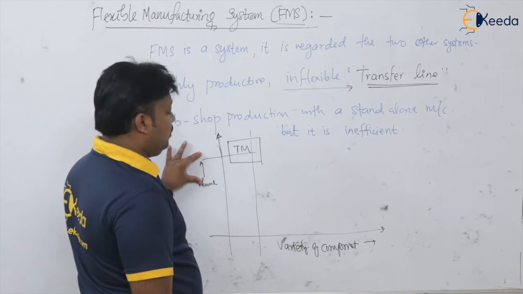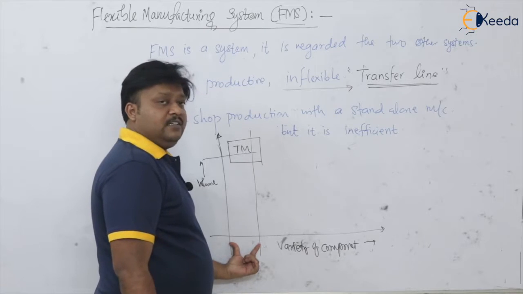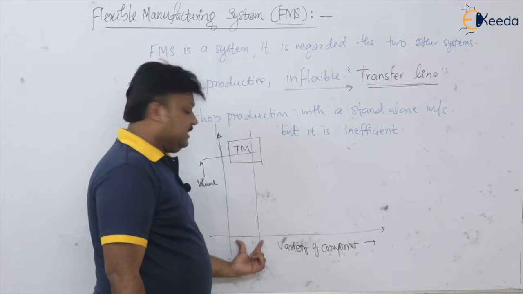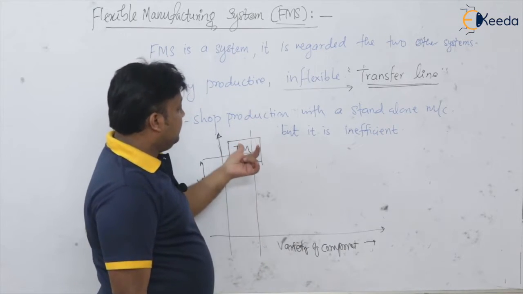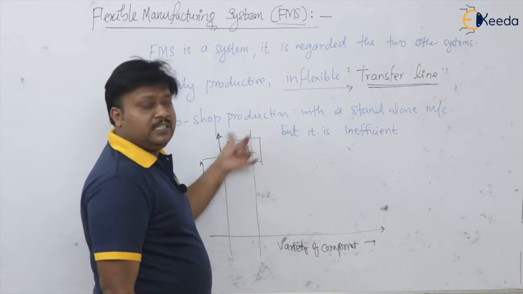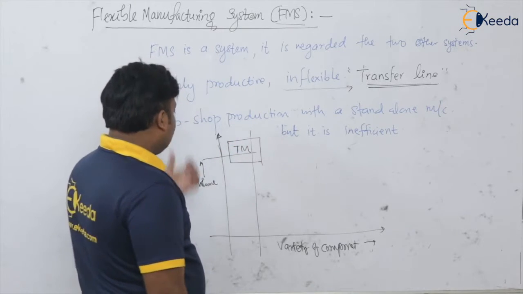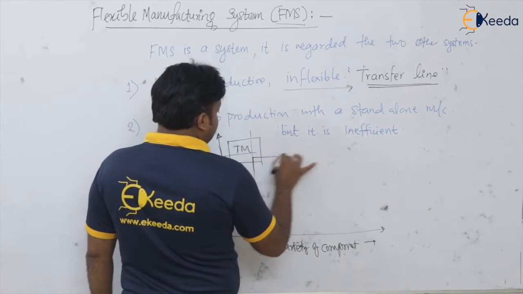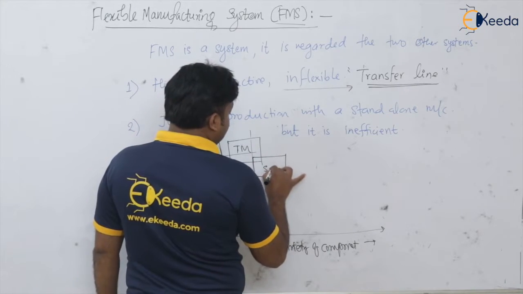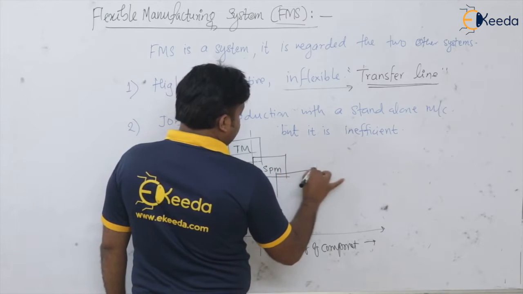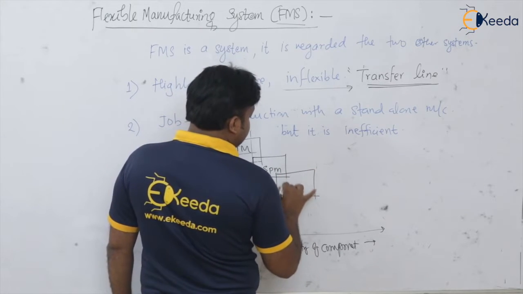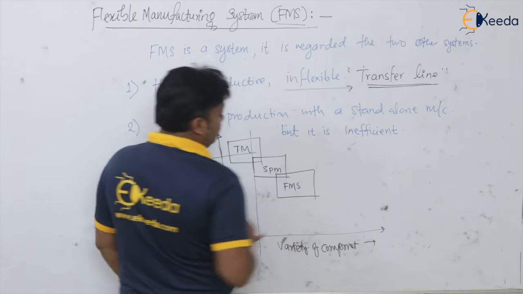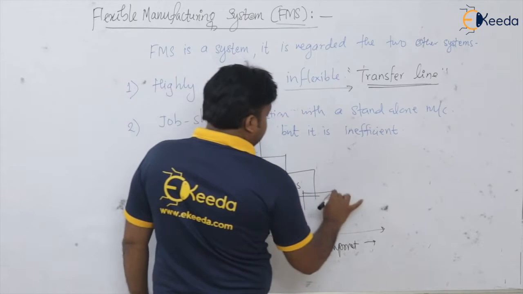It is a very highly productive line. A very small variety can be produced in very large numbers. That is mass production. Then we have the special purpose machines, again used for mass production, and here we have the flexible manufacturing system, and here is the CNC.